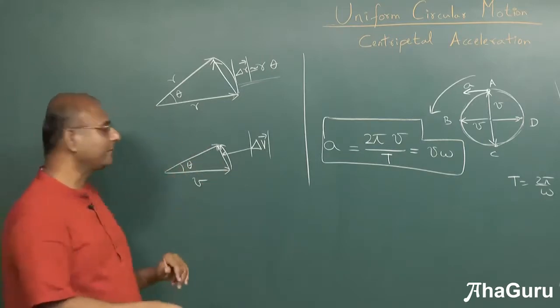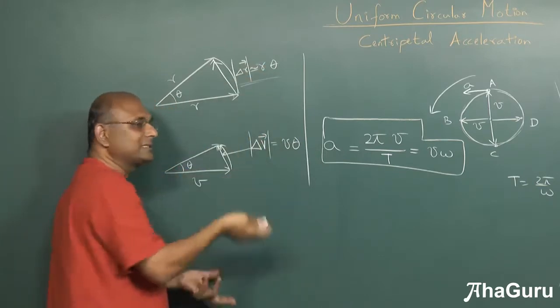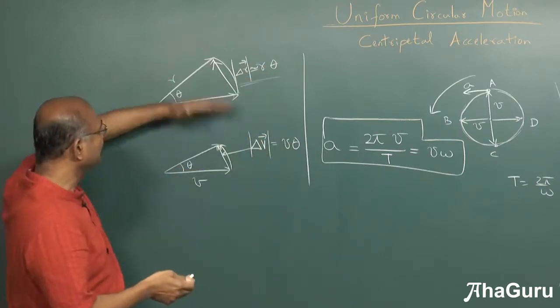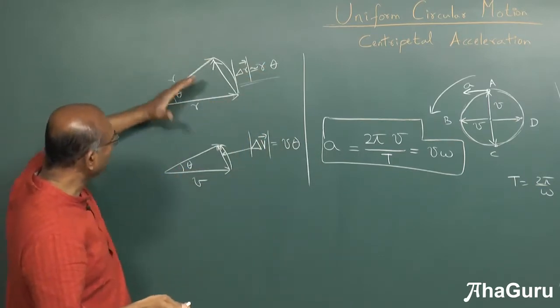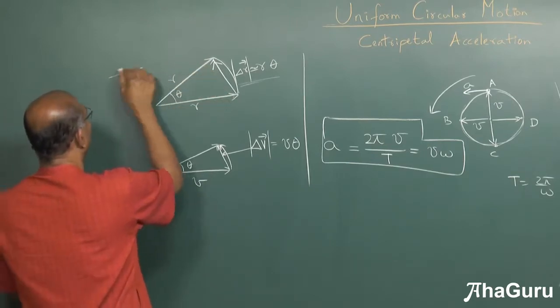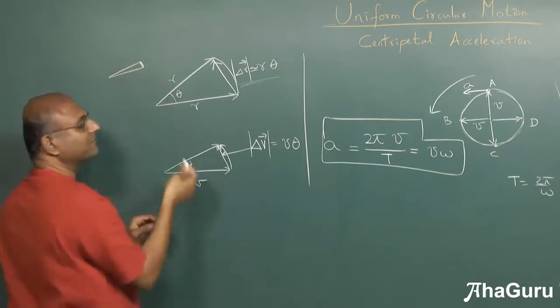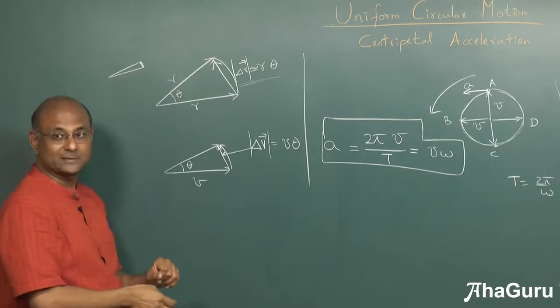I just only want to look at the length. I am going to say it is v theta. Notice that these two are both the same. R theta is the arc length, but if you talk about small angles, imagine that you had a small angle. Whether you did this or you did this curve, they are both the same. You can't even see much of a difference, right?